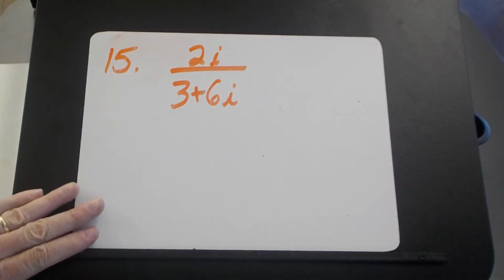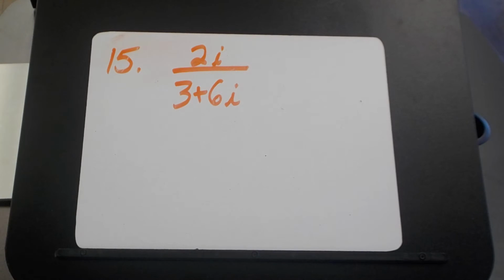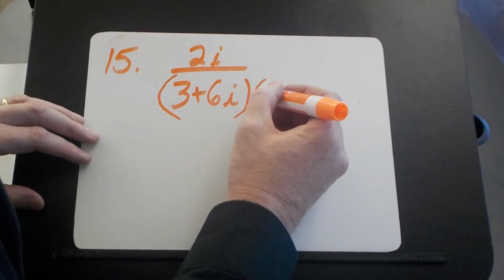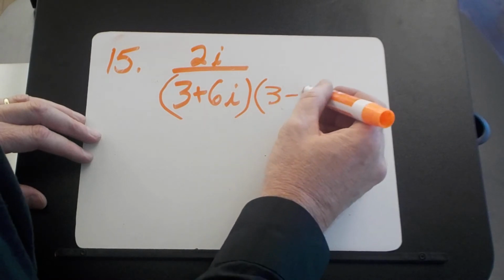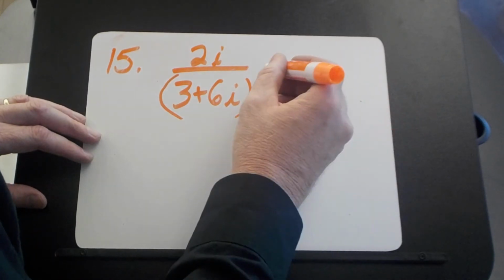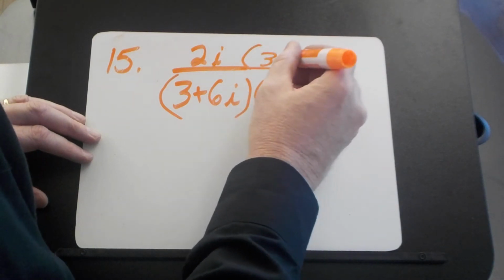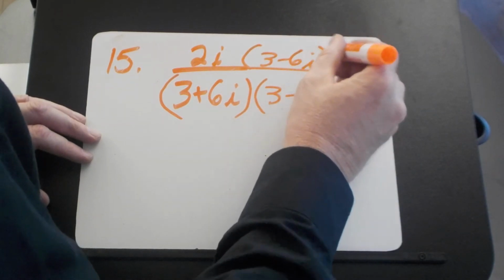All right, look at number 15. I'm going to multiply by the conjugate of 3 plus 6i, which is 3 minus 6i. I'll extend this a little ways and multiply the top by 3 minus 6i.